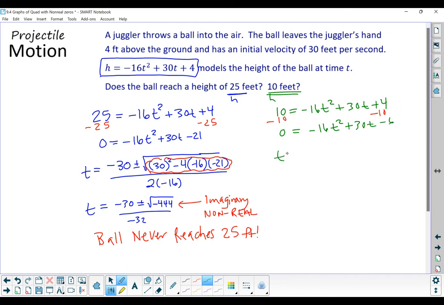So in the quadratic formula, really the only difference here is that c value. So our quadratic formula looks very similar. Negative 30 plus or minus the square root of 30 squared minus 4 times our a value times our c value, and that's all over 2 times our a value.